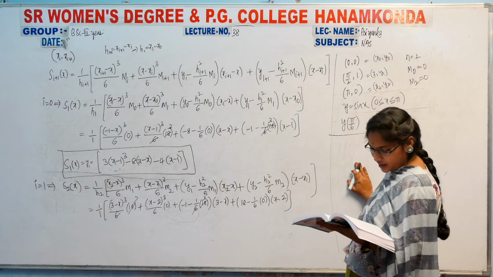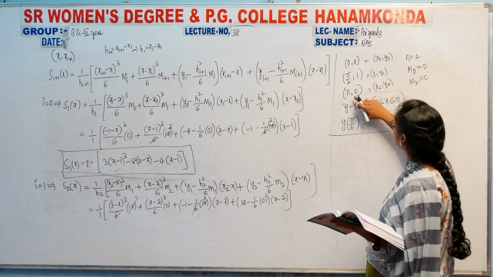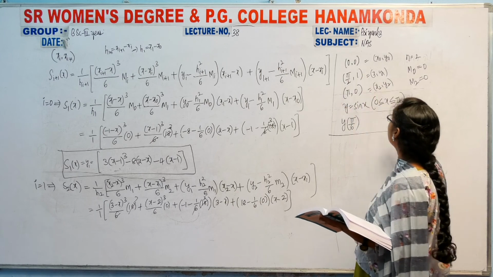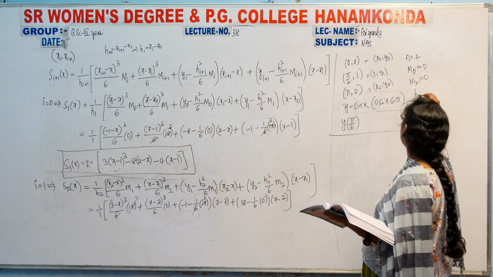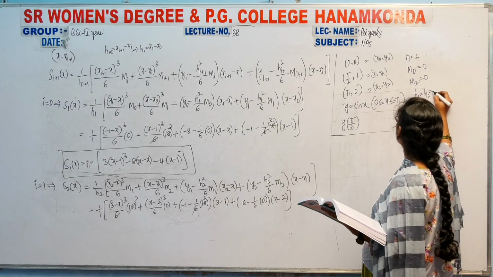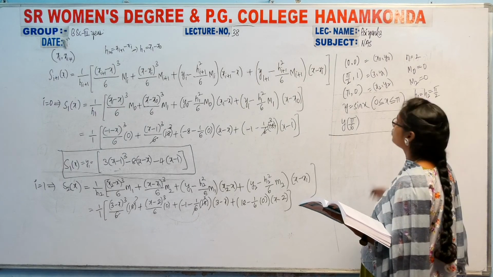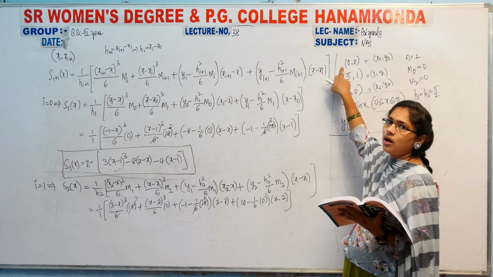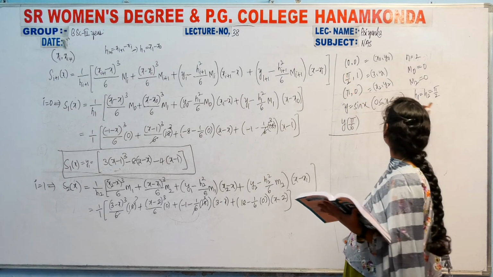Next, here what is h? h is nothing but pi minus pi/2, again pi/2 minus 0. So for h0, h1, h2, all values are nothing but pi/2.